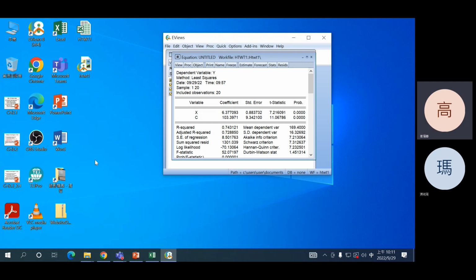All these numbers we get from eViews. As long as you understand the reasoning behind the OLS, I think that's enough. Any questions so far?